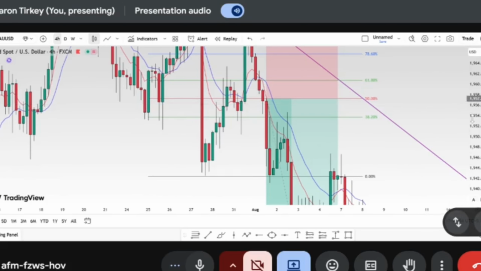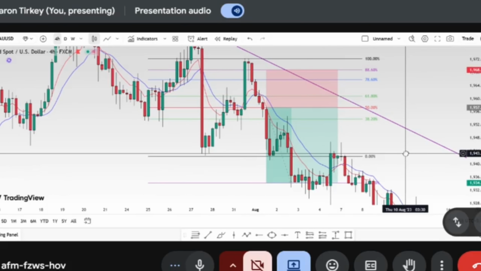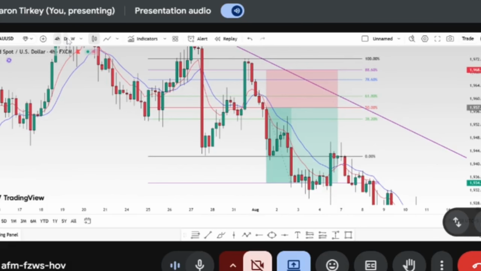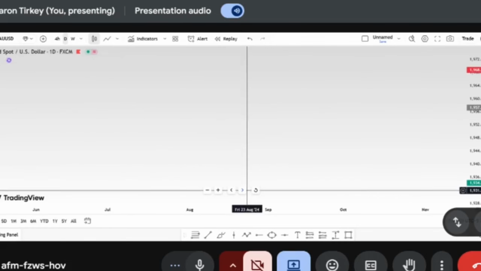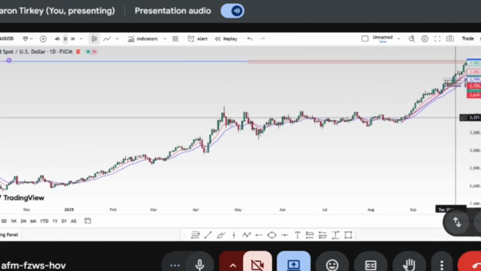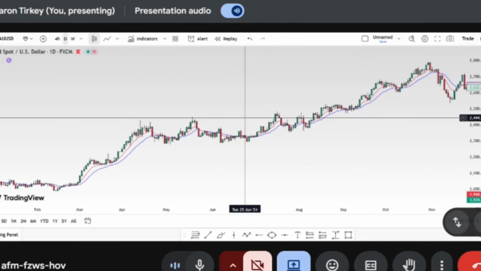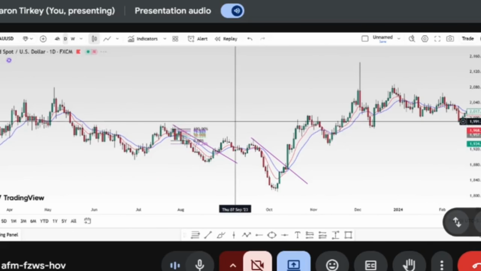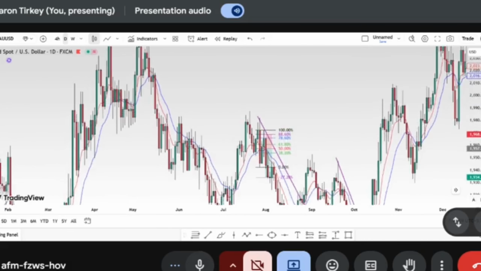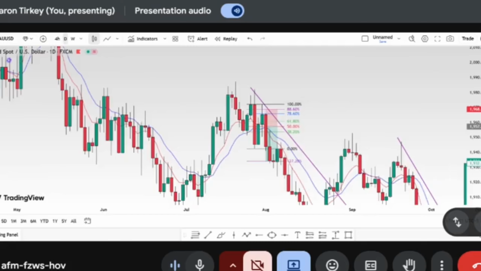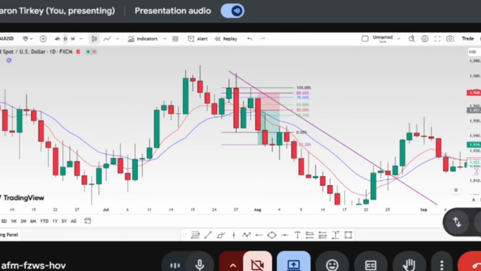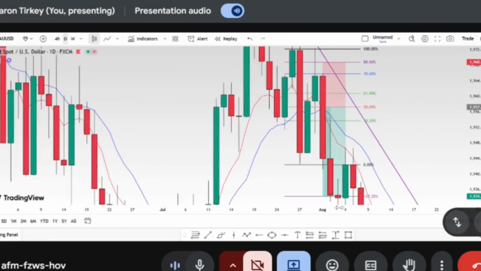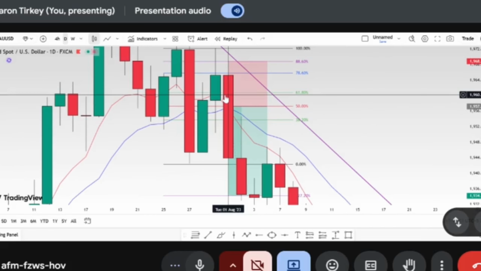Okay, so this is your entry. And if you want to set break evens, go to daily, and in the daily time frame you should find your entry. So here is your entry. Here you should replace your stop loss at the next bearish candle of the last week.